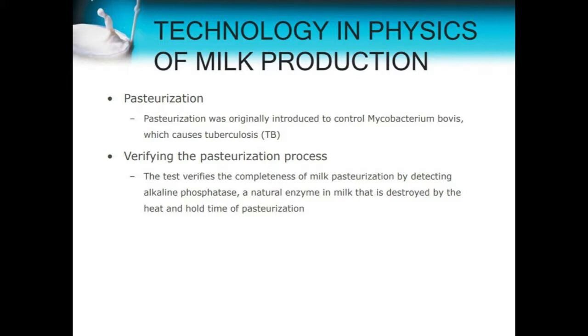Last but not least is verifying the pasteurization process. The test verifies the completeness of milk pasteurization by detecting alkaline phosphatase, a natural enzyme in milk that is destroyed by the heat and holding time of pasteurization.